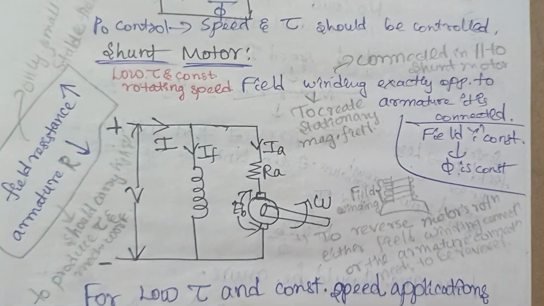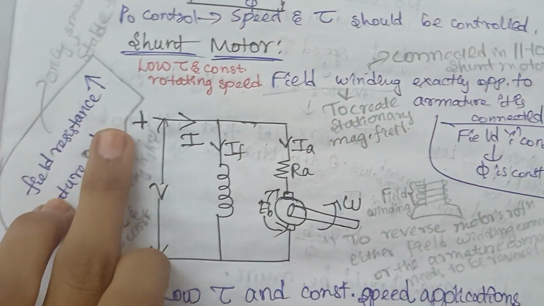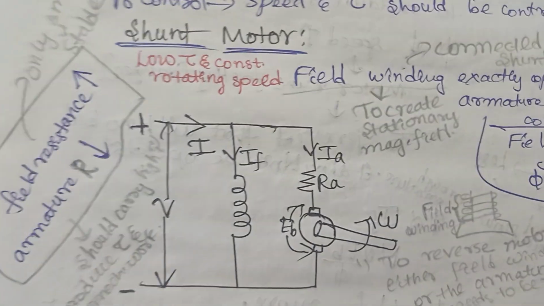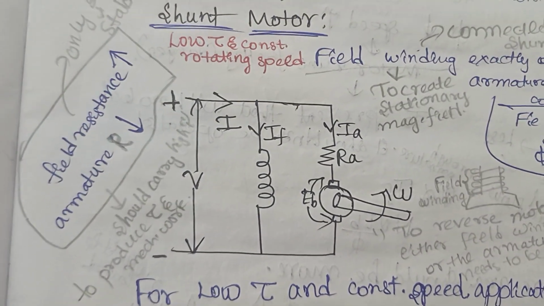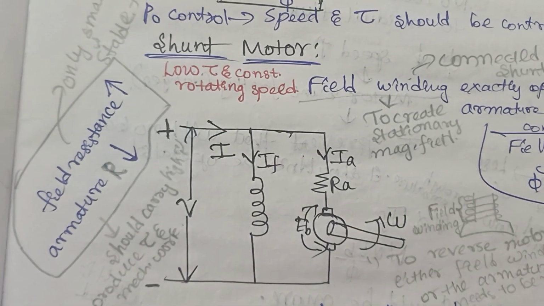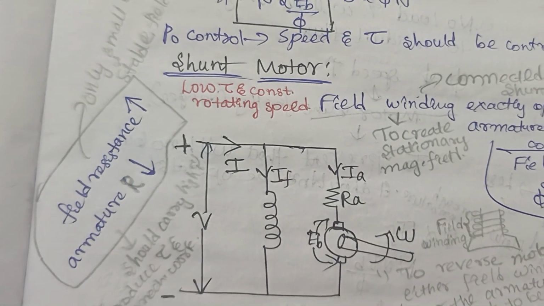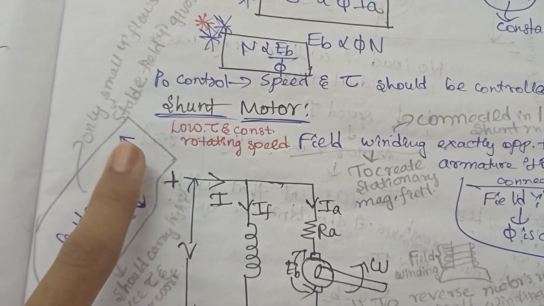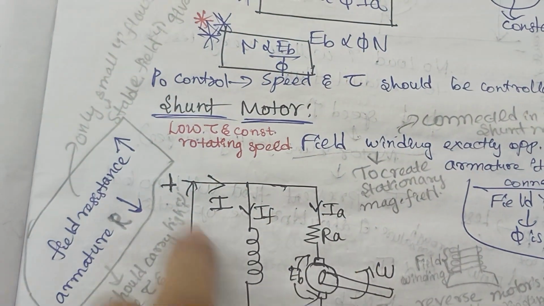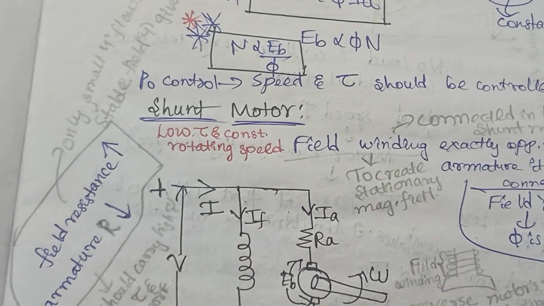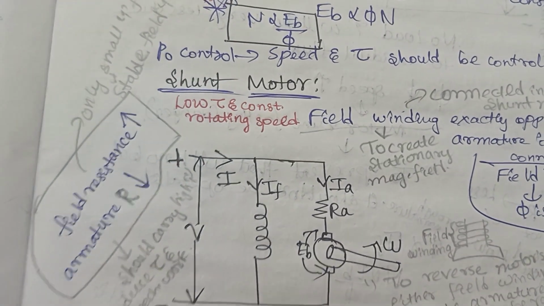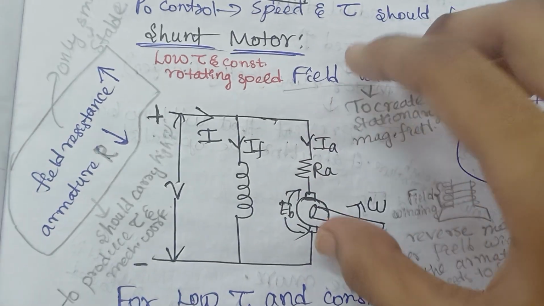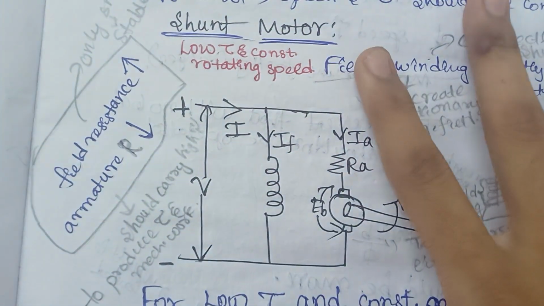Now coming to this, here your field resistance should be greater than your armature resistance. Here you may get a doubt why the field resistance should be greater than the armature resistance. Whenever the field resistance is greater, only a small amount of current can flow. We know that V is equal to IR, right? And I is equal to V by R. It means whenever your resistance is high, current is low, and whenever your current is high, resistance is low.